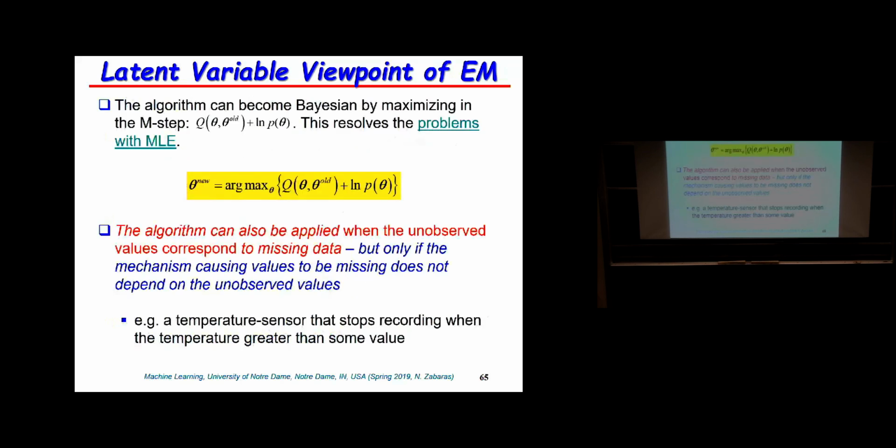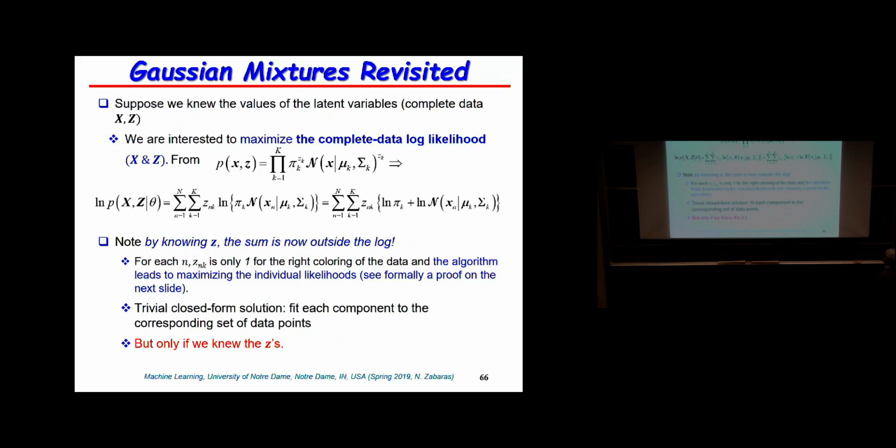Oh, and here it is actually, all right? So if you put some prior on the parameters, basically you can just modify the M step where you find the parameters theta that maximize this expected complete data log likelihood plus the log of the prior. All right?